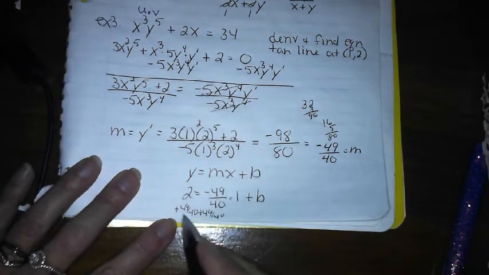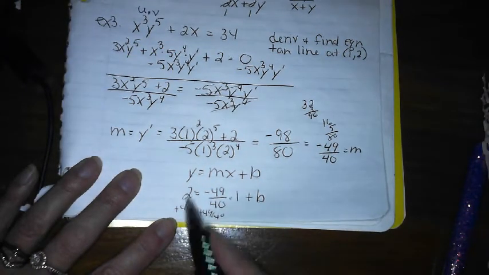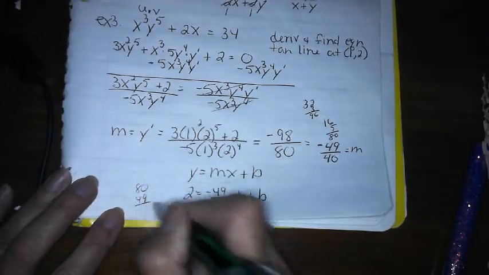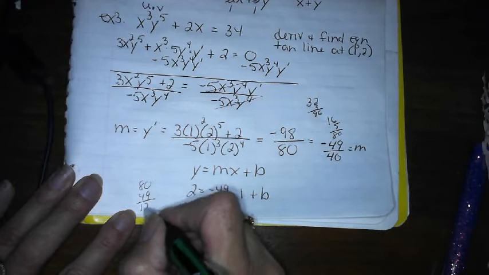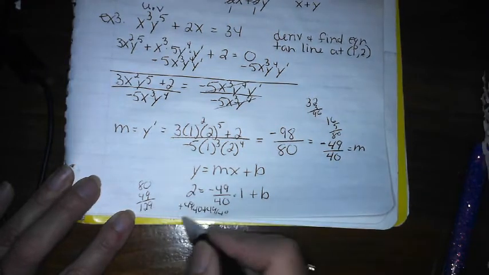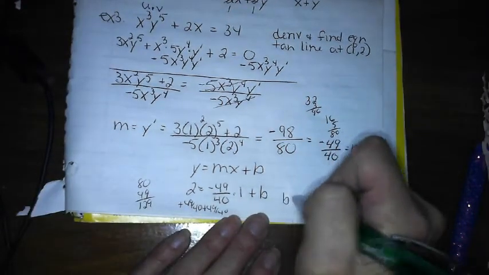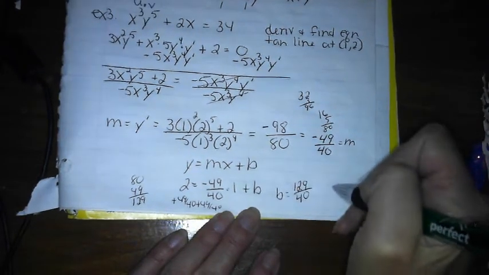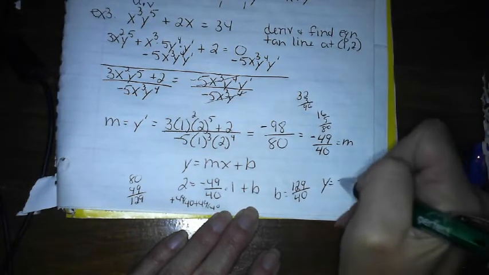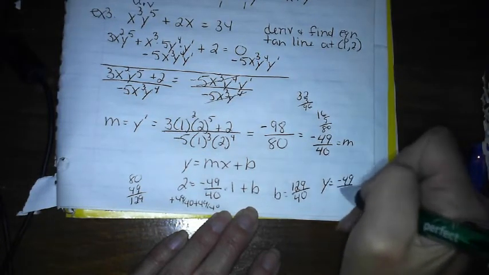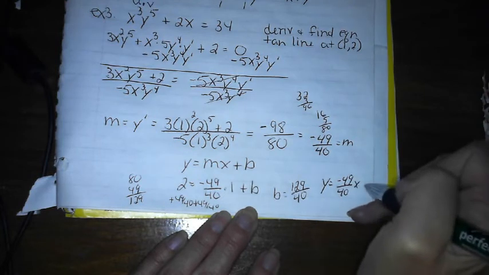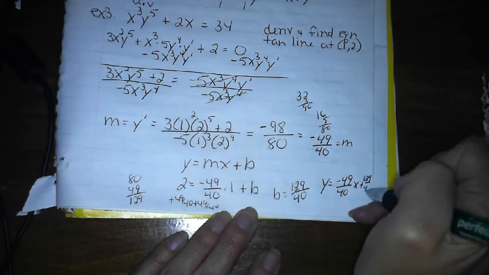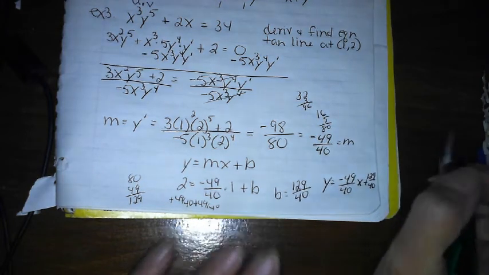So that will be 80 plus 49, 129. So 129 over 40. Well, that's ugly. So our equation of our tangent line is y equals negative 49 40ths x plus 129 40ths. Okay, there's implicit.